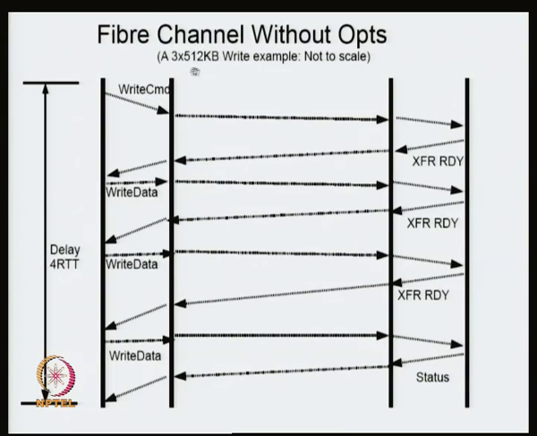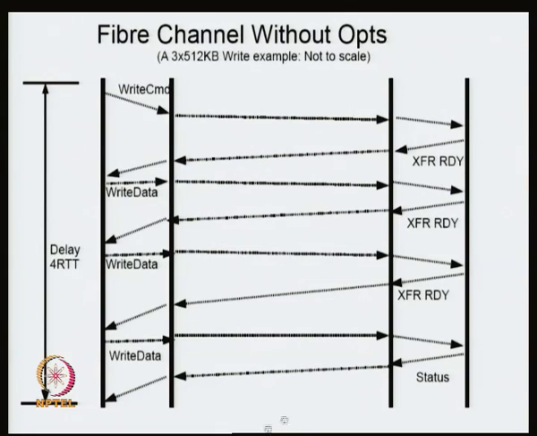Suppose I am doing a 3 into 512 kilobyte transfer: I send 512 kilobytes, and it has to come back all the way. This is for the first 512 kilobytes, this for the second, this for the third, and then the status comes back. So you can notice these delays 1, 2, 3, essentially 4 round trips are involved.